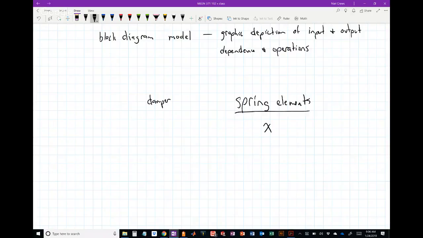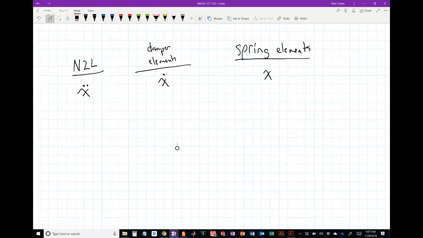Damper elements is going to be something times x dot. And Newton's second law is going to give us this x double dot. And maybe I'll say input.